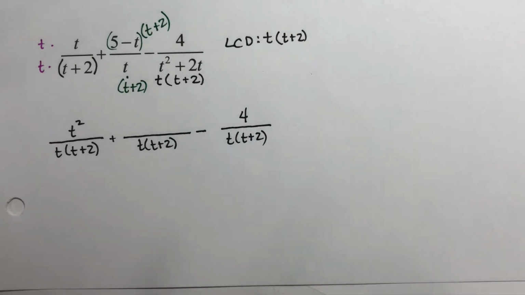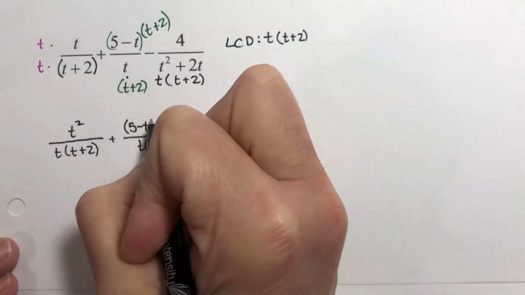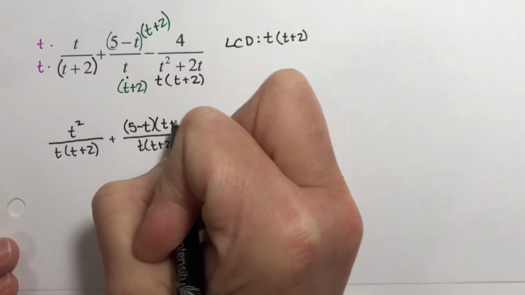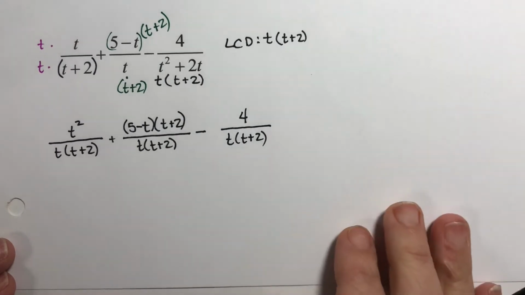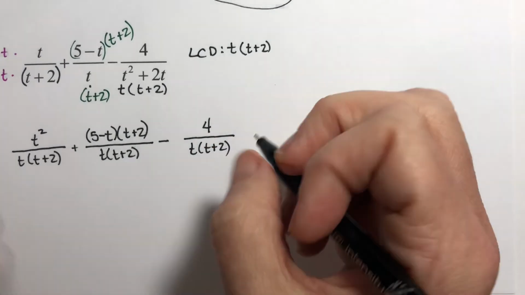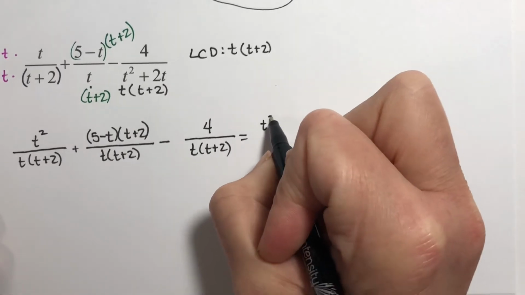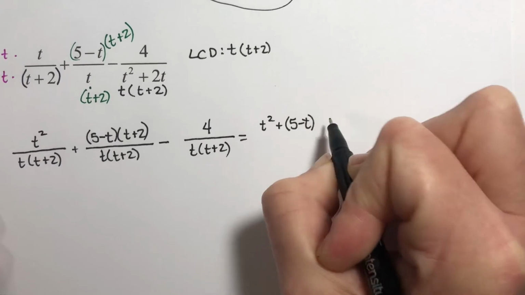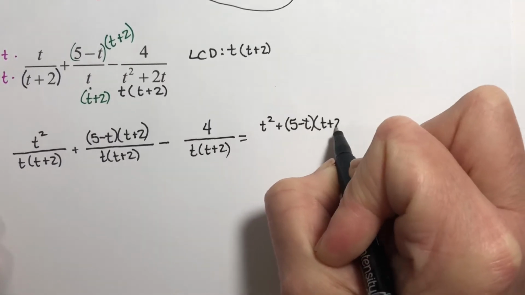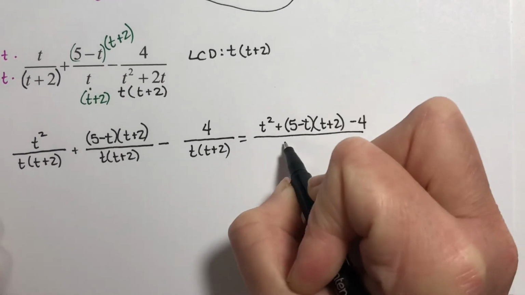So I'm going to write it out without distributing it. Okay. And this is equal to, now I'm allowed to combine them, all over the same denominator.